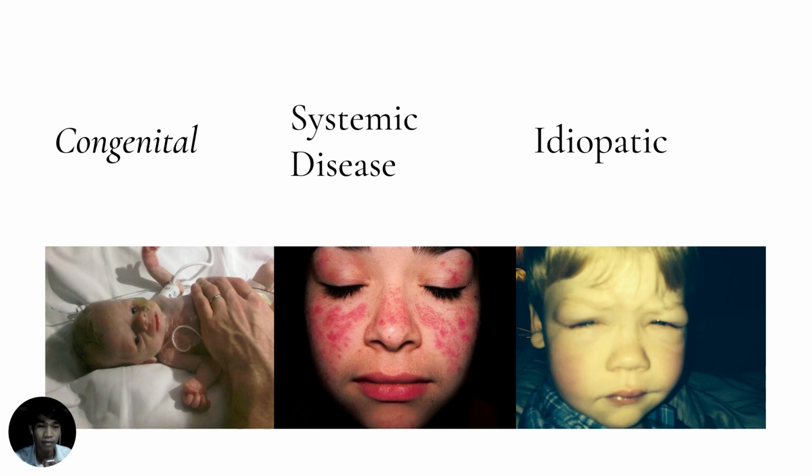SLE is one example, shown in the picture in the middle. Next type is the idiopathic or the primary. The congenital form is a rare type of nephrosis, and the idiopathic form is the most common type of nephrosis.